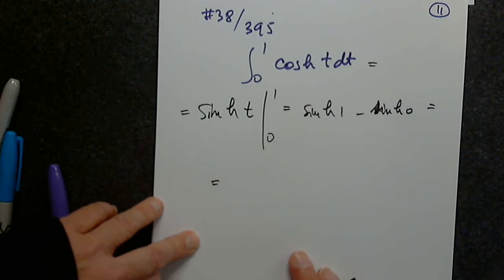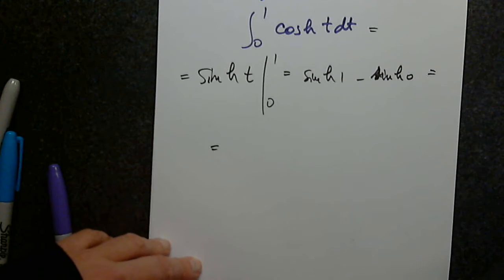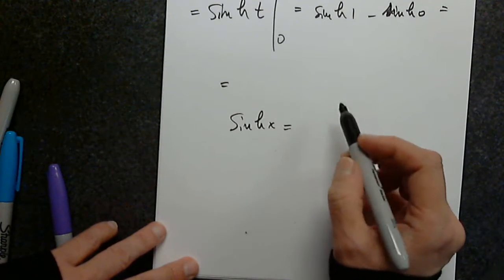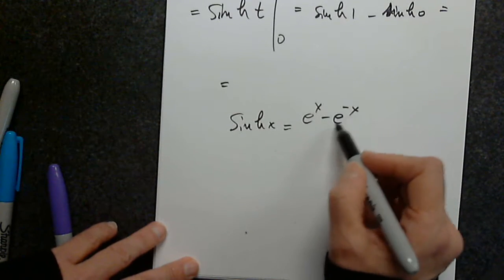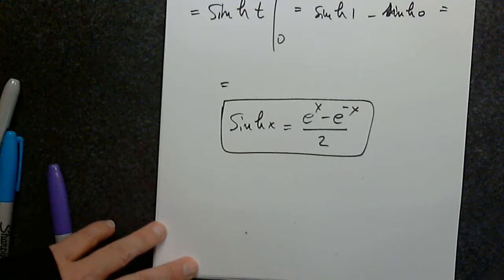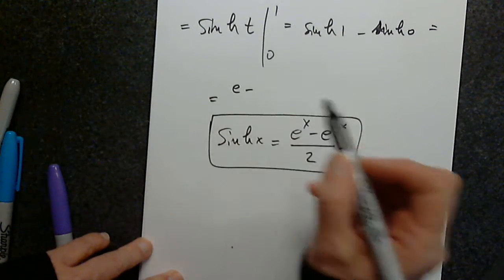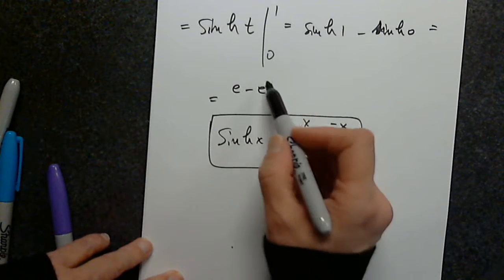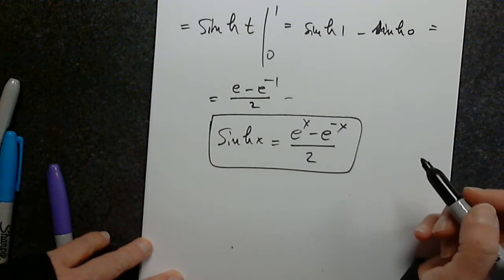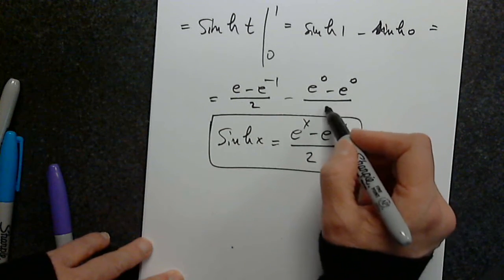So let's see what I come up with. Because we remember the definition of hyperbolic sine. So hyperbolic sine x is e to the x minus e to negative x, divided by 2. When we plug in 1, we get e minus e to negative 1 over 2, and minus e to 0 minus e to 0 divided by 2.